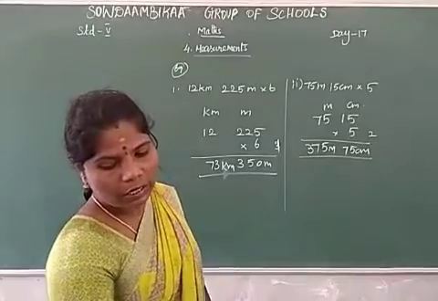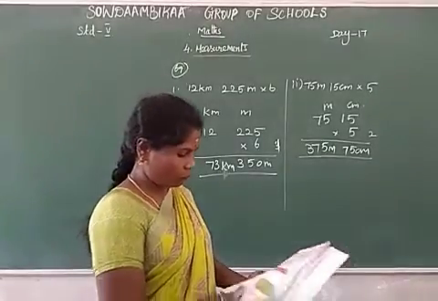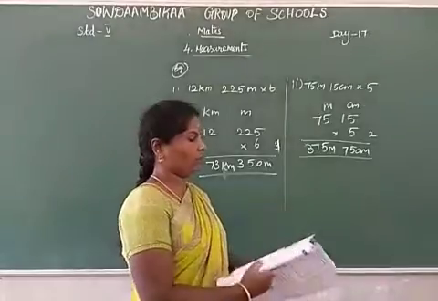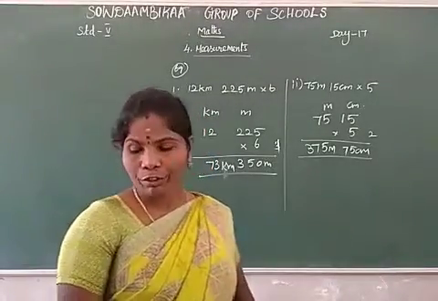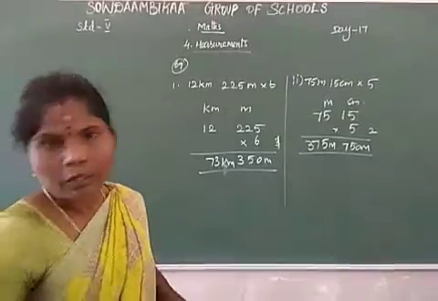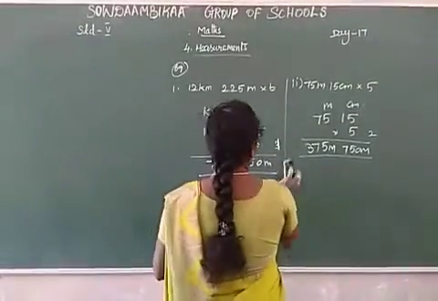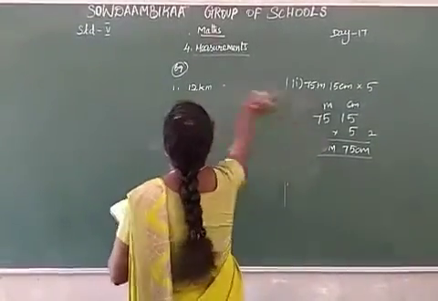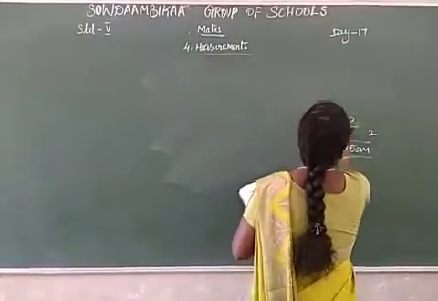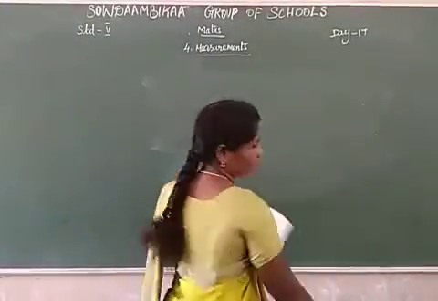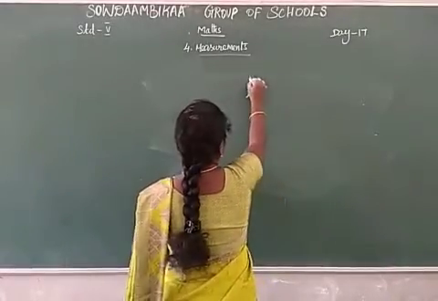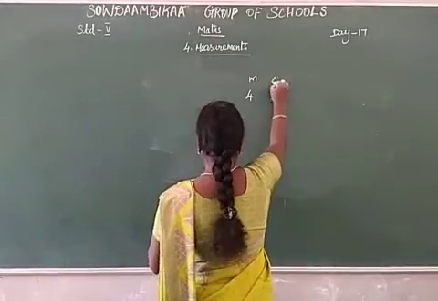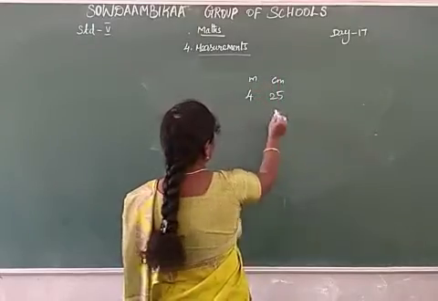Okay, next take page number 17. See the sum. The length of a ribbon is 4 meter 25 centimeter, and find the total length of the 3 ribbons.